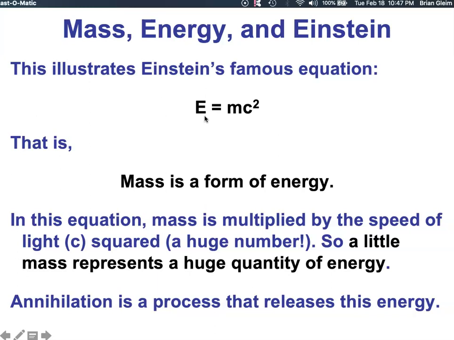And it turns out that mass contains a heck of a lot of energy, because if you take the mass of a proton, not a lot of mass, one proton doesn't have a lot of mass, but then you take that mass and you multiply by the speed of light squared. Right? The speed of light is a big number. The speed of light squared is a huge number. So even if you take a small amount of mass and multiply it by the speed of light squared, that mass turns into a huge amount of energy.